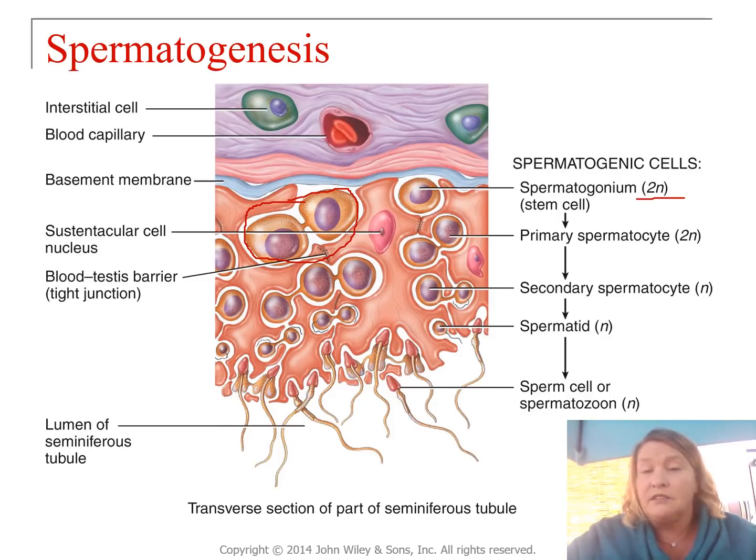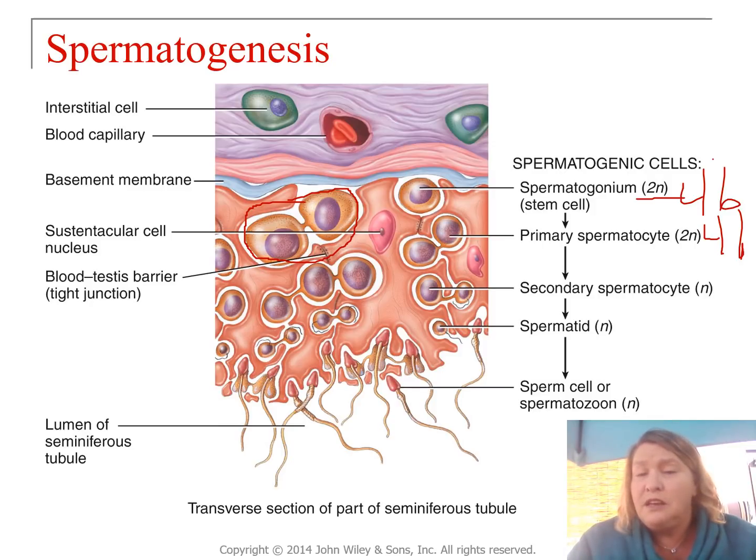But the other becomes a primary spermatocyte. Still has 46 chromosomes. There's still 46, and 46 here. Okay. Now, the first part, this primary spermatocyte, it undergoes meiosis.